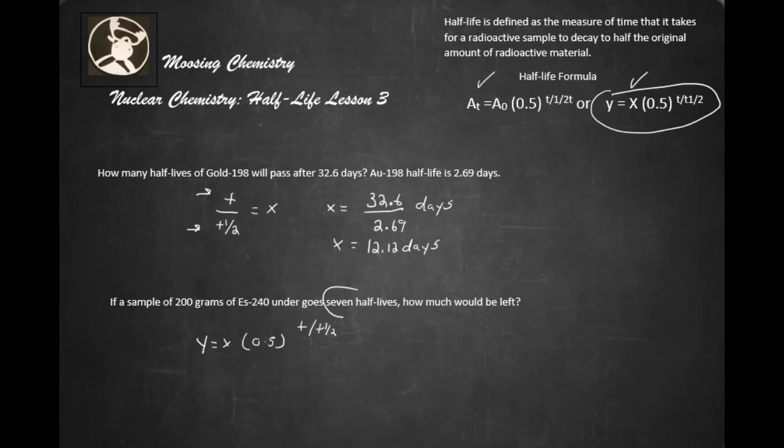We have 7 half-lives, right? So all we have to do is go y equals 200 times 0.5, and this would be a 7. This T over T1/2 is going to be 7 because we're given that information. So y would equal 200 times, so let's go ahead and take 0.5 and raise it to 7 half-lives.